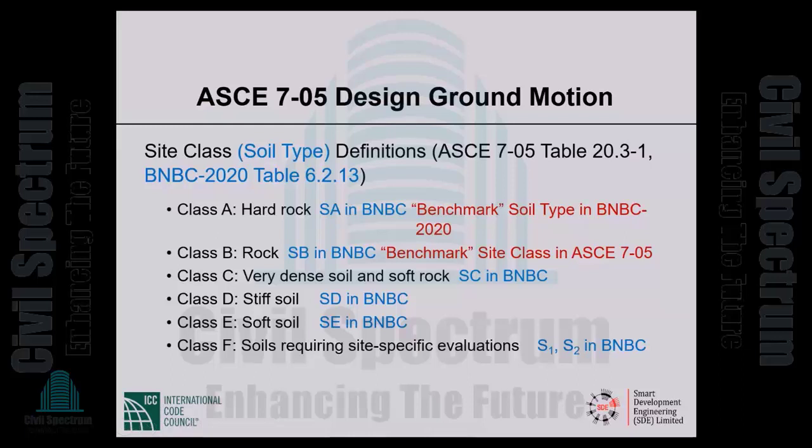I decided not to go into definition of site classes and the soil stuff because I would like to keep to the structural, and between Professor Abedin and Professor Ansari, you will get a good idea of the soil or the geotechnical part. Okay. So A, B, C, D, E, F are SA through S sub E, and then F is S sub 1 or S sub 2.